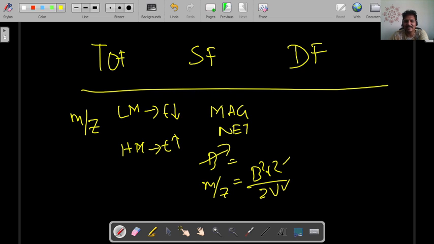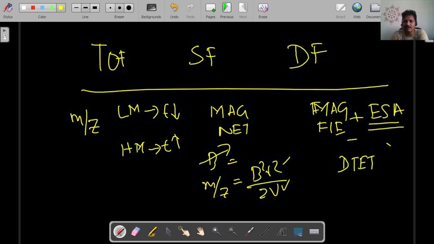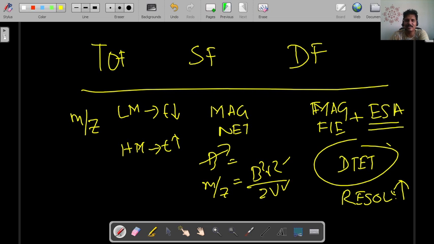To increase the initial kinetic energy in double focusing, in addition to your magnetic field, you use an electrostatic analyzer. Because of this additional electrostatic analyzer, more ions will reach your detector, thereby increasing the resolution. That is the aim of the double focusing mass spectrometer.